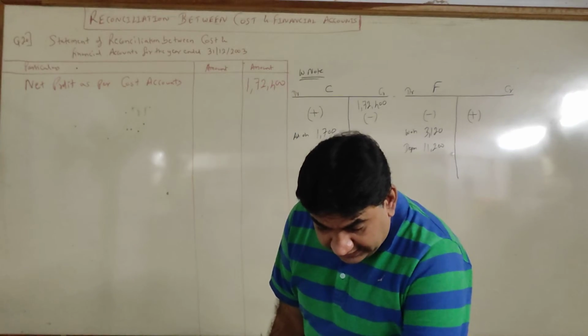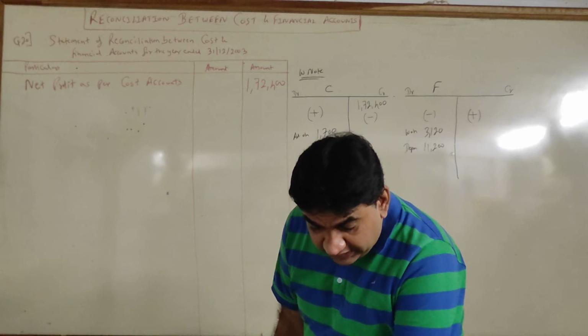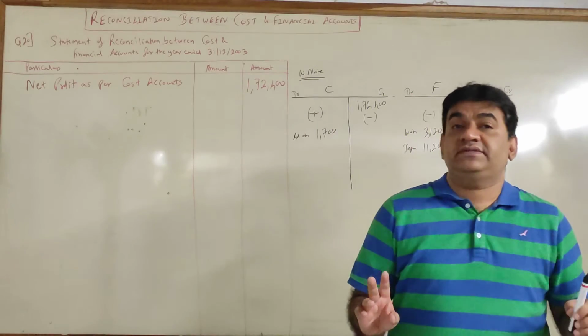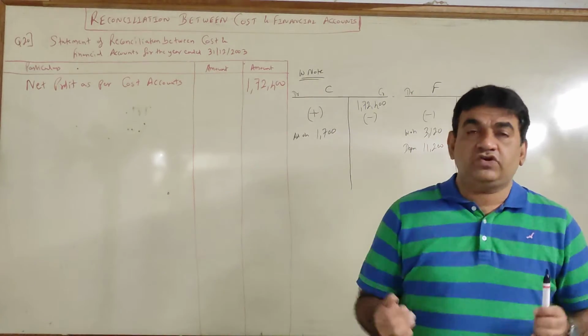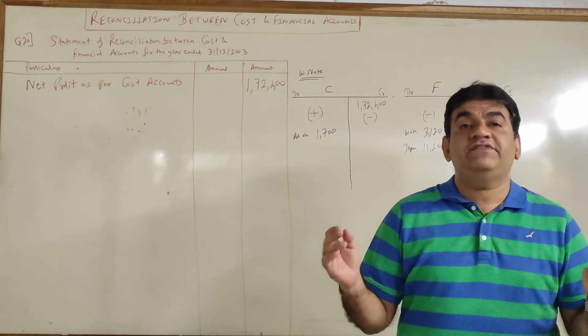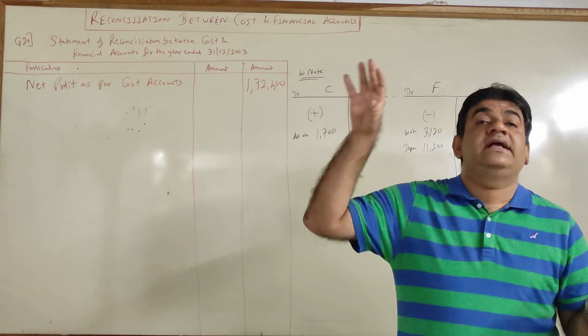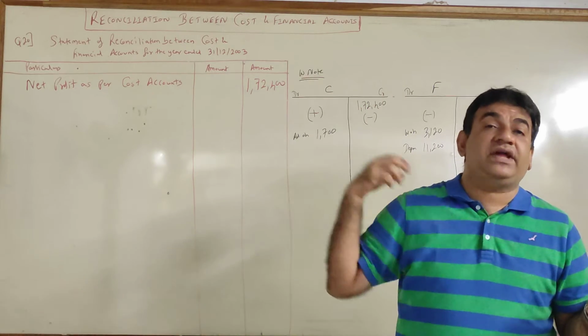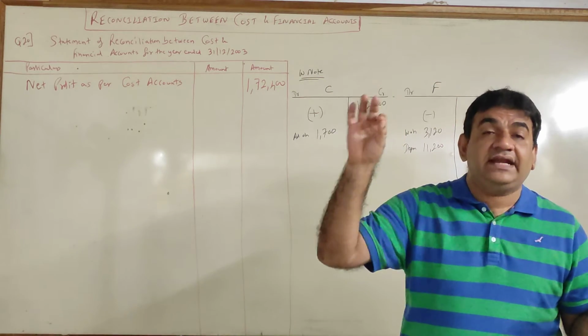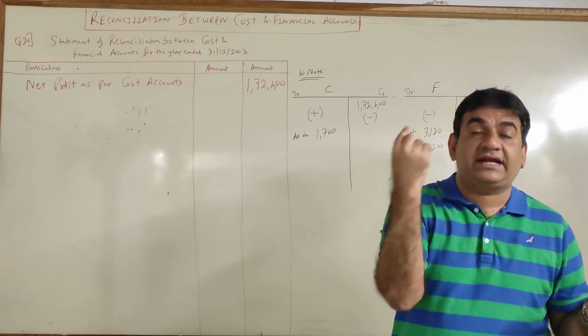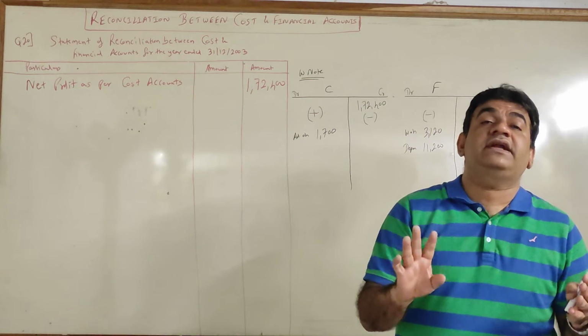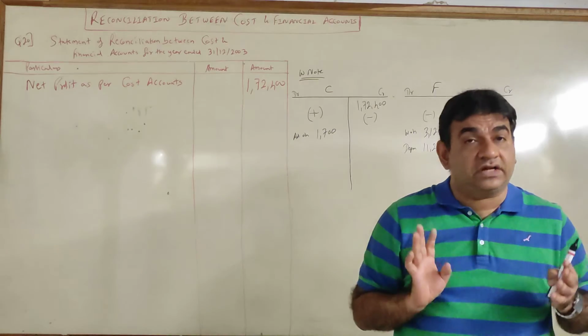Next, interest on investment not included in cost. Now listen, we have done cost sheet. Interest on investment anyway we don't take, because when you invest, the intention is to earn extra income that is not connected with your regular production activities. So it is never treated as a part of cost accounts.